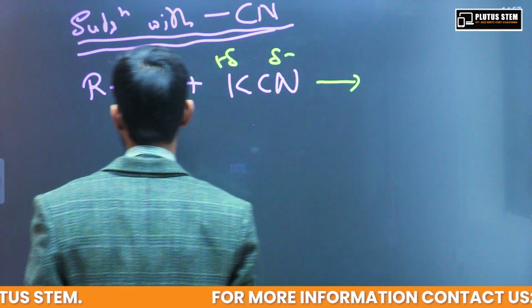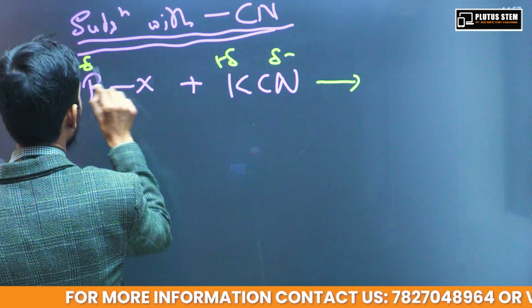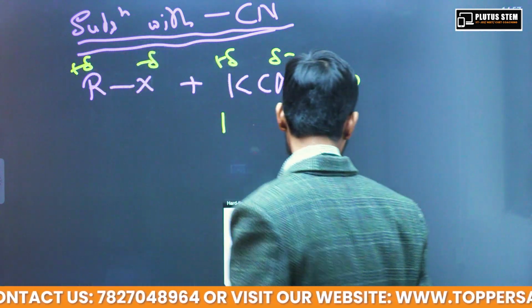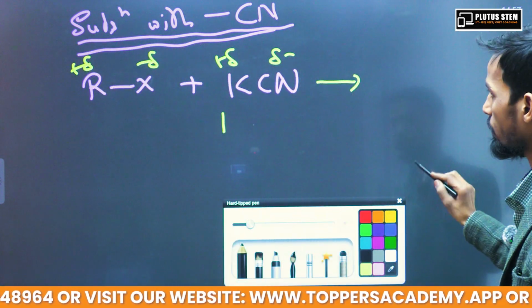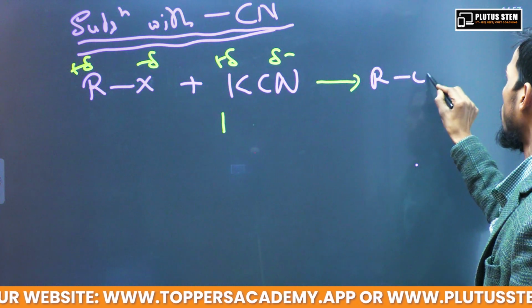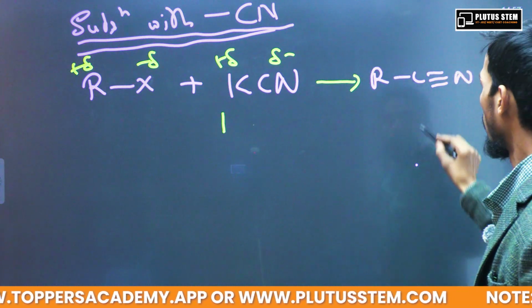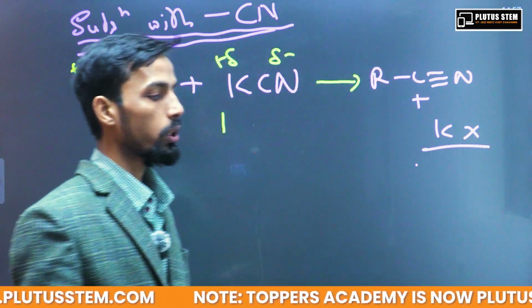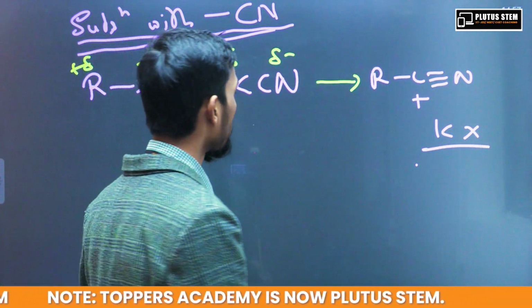It will have a partial negative charge, partial positive charge and partial negative charge. So here the attack, and we are going to get a product like RC triple bond N plus KX. So this is the product which we are going to get over here.